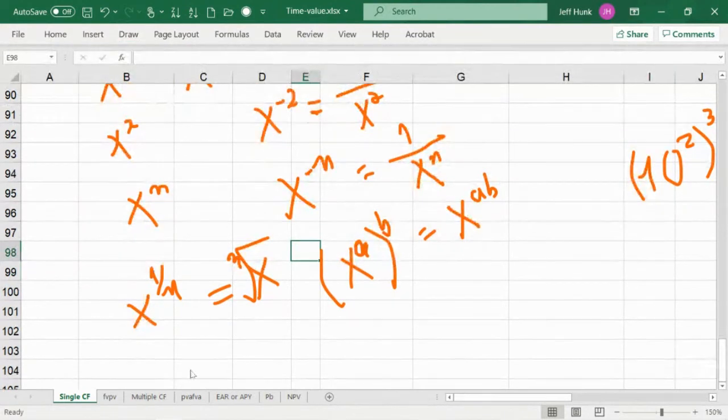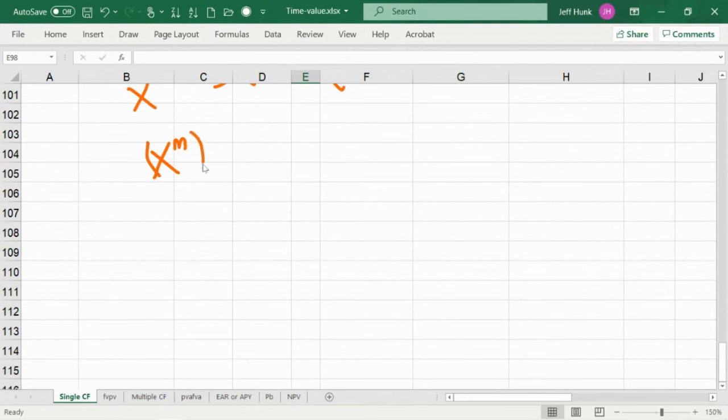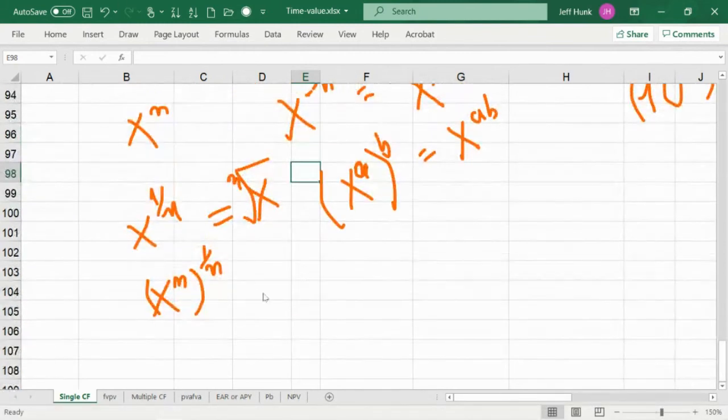So that's why we could do this, right? x raised to n, raised to 1 over n, then that's x to the n times 1 over n, where these two cancel out.